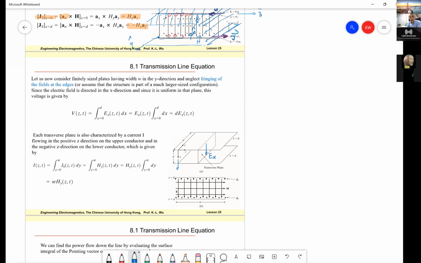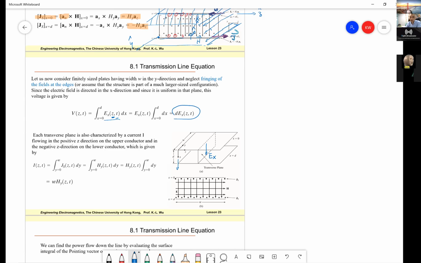Let's do a line integration along the electrical field at a certain Z position and at a certain time instant. Because the electrical field between the two conducting plates is constant, independent of X, this integration is simply the multiplication of the total field times d.